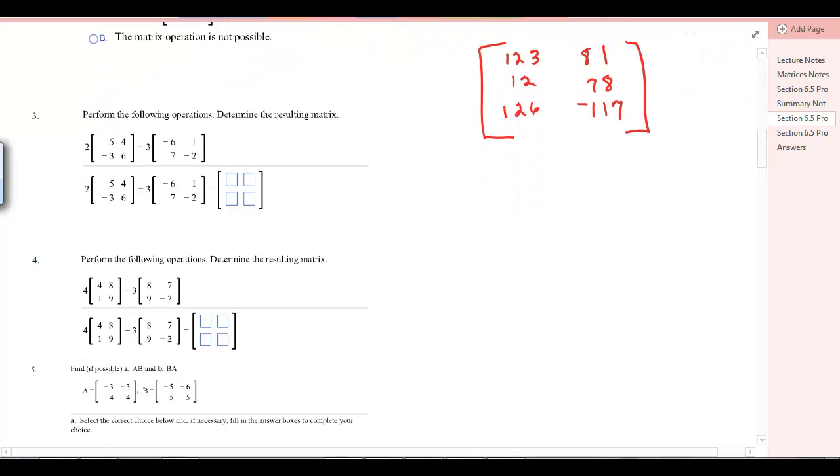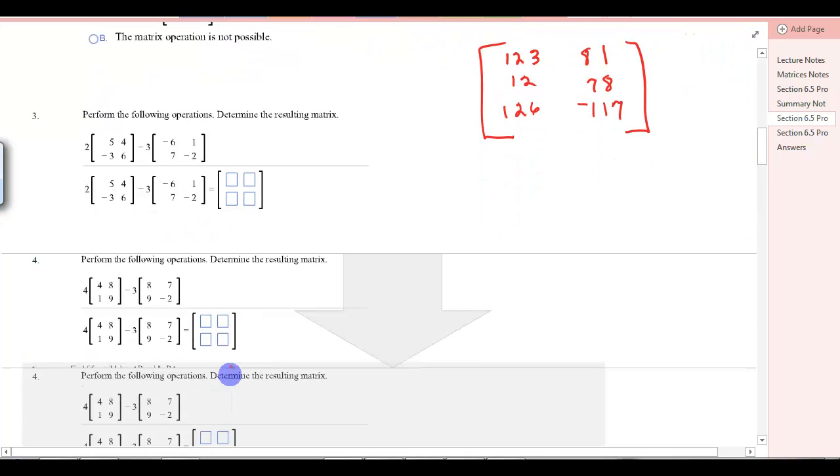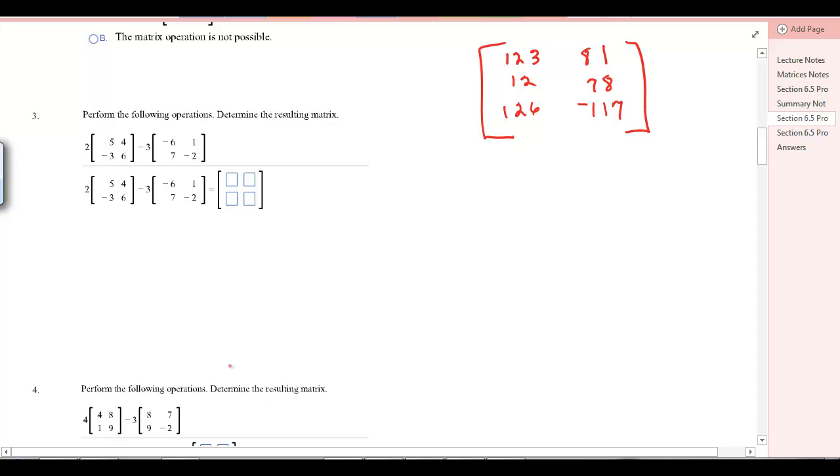All right, let's give ourselves a little bit of room here. All right, number 3, we're supposed to multiply 2 times this and subtract 3 times that. So if I multiply 2 times this one, I would have 10, 8, -6, 12, minus 3 times this one.